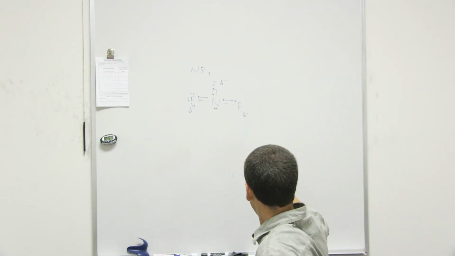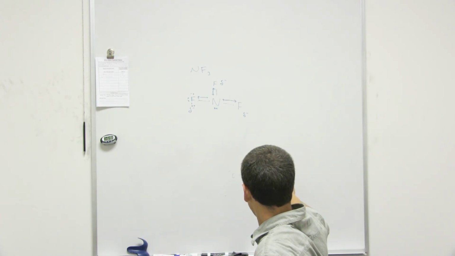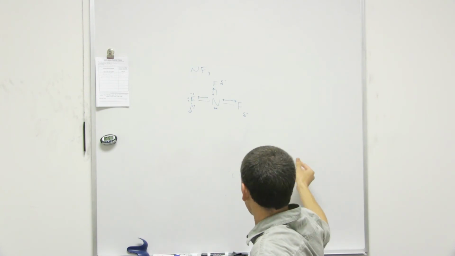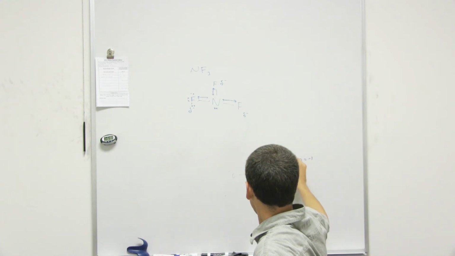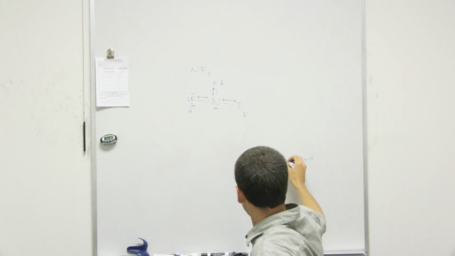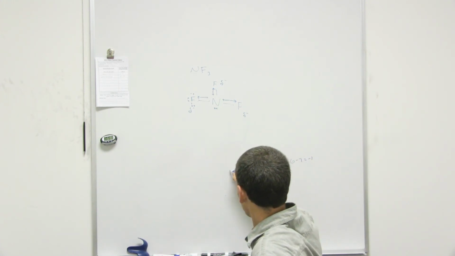Hold on. Formal charge is split the bond. 1, 2, 3, 4, 5, 6, 7, and it should have 6, yeah. So you do 6 minus 7 equals -1. So that's a negative charge, that's a negative charge, that's a negative charge. And then nitrogen has 1, 2, 3, and he should have 5.